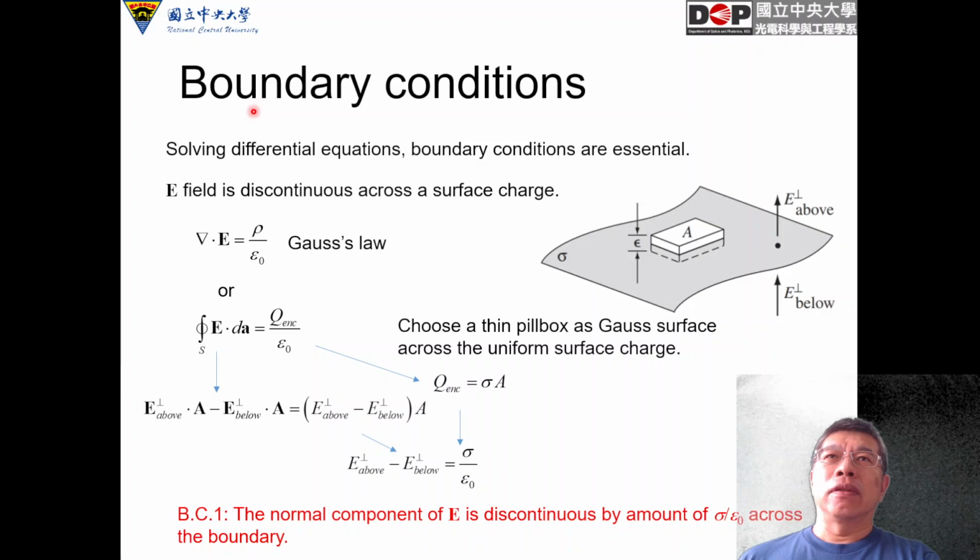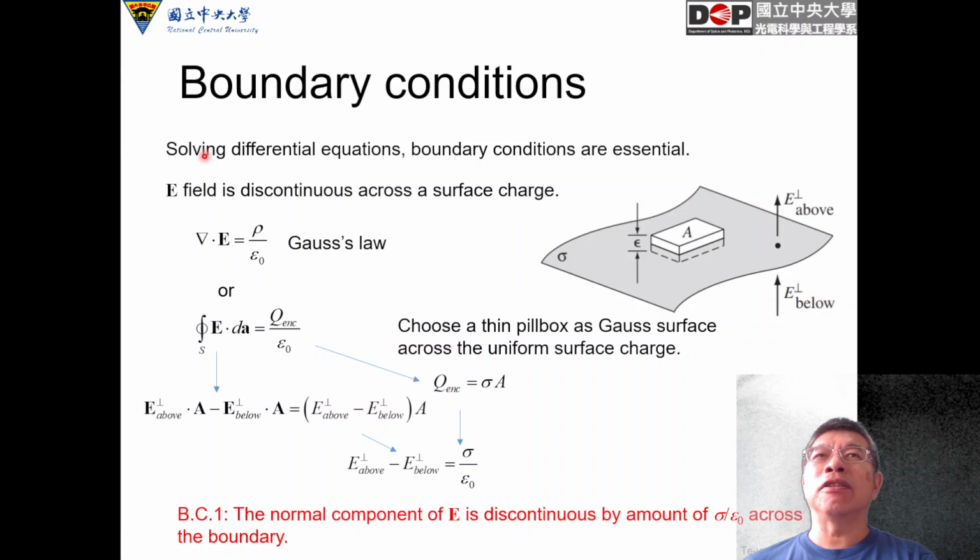Boundary condition. Because we are trying to solve a differential equation here, if you want to solve a differential equation, boundary conditions are essential. So this is a differential equation, and if you want to solve it, we need boundary conditions. Slightly earlier, in the previous chapter, we said that to solve a differential equation boundary conditions are needed, and two kinds of boundary condition are categorized.